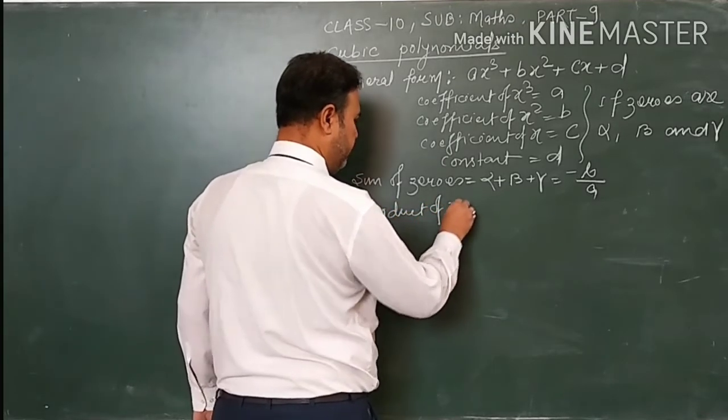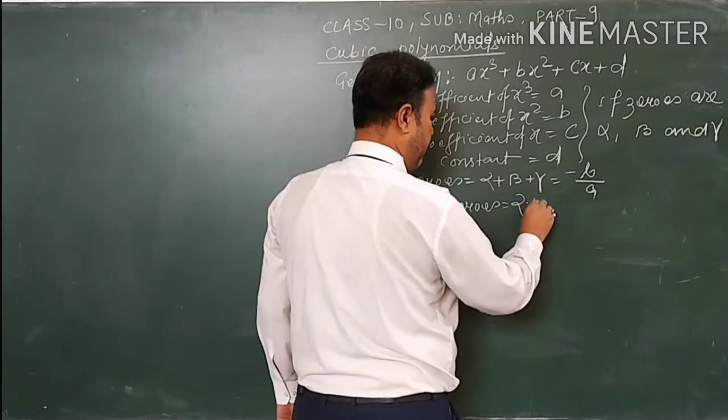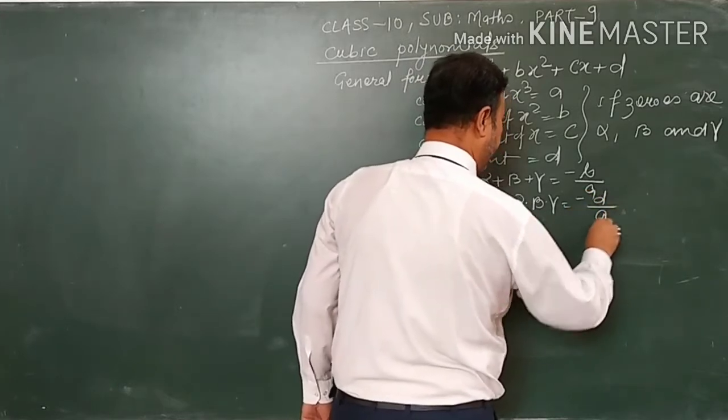Product of zeros, alpha beta gamma, will be minus d upon a.